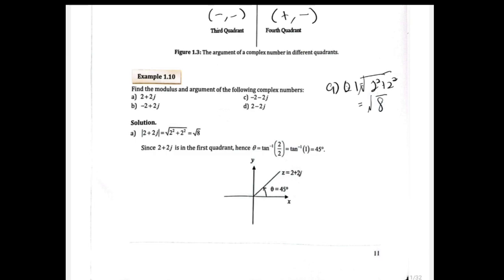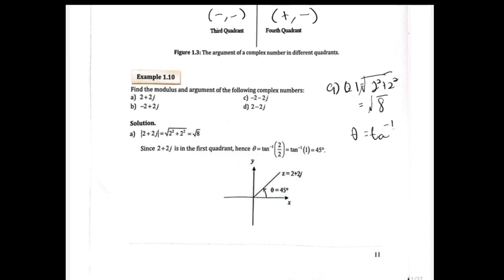For the argument, theta is equal to arctan of 2 over 2, which gives us 45 degrees.